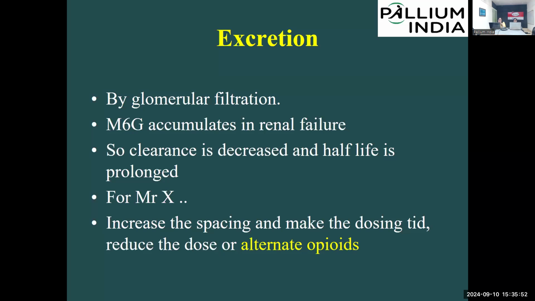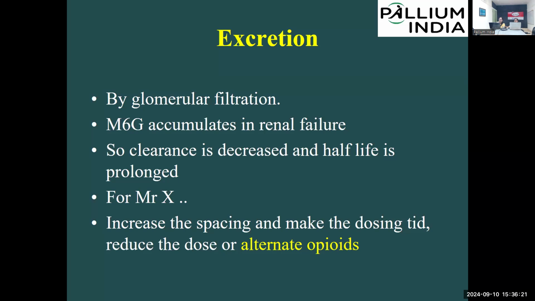So in patients with renal failure, the morphine metabolite, morphine 6 glucuronide, gets accumulated and its clearance is decreased, and the half-life is prolonged. So morphine 6 glucuronide is more available in the blood and there are chances of developing toxicities.